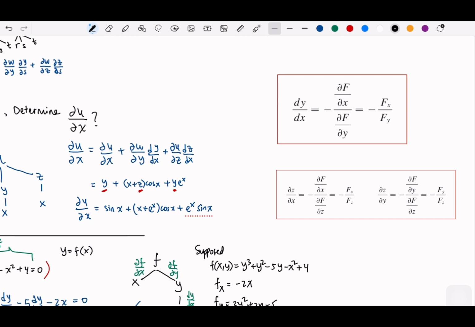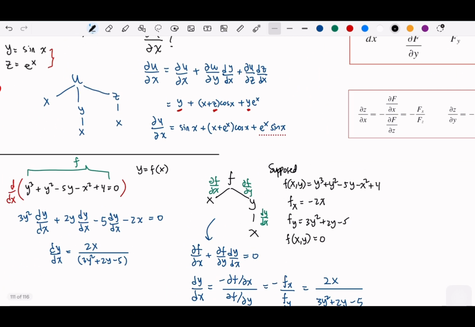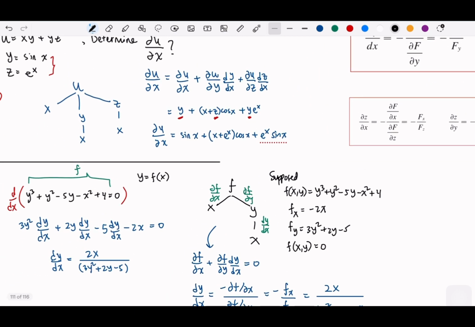The implicit case happens when a case like this is happening. Or here, this is also implicit because x is already here, but it's defined again in another layer. This is implicit, this is also implicit.